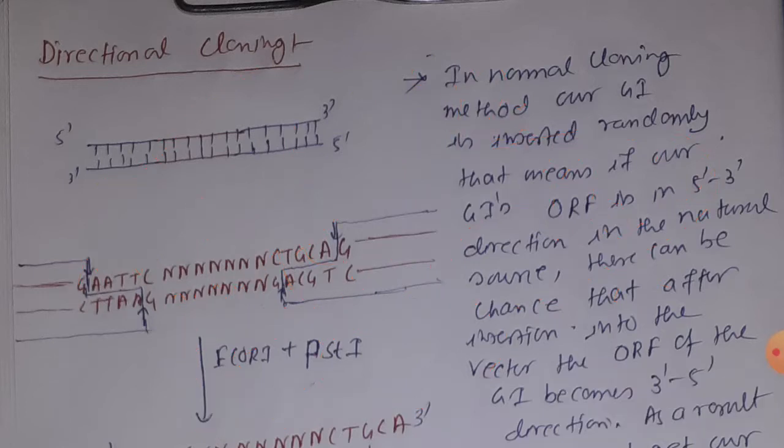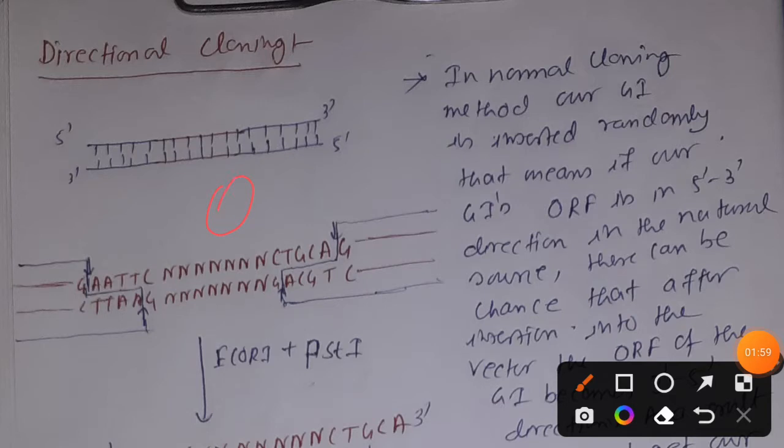So in normal cloning there is a problem. What is the problem? I think you know about ORF, the open reading frame. What do we mean by open reading frame? An open reading frame is a span of DNA sequence between the start codon and the stop codon. That means it is the portion that will be transcribed.